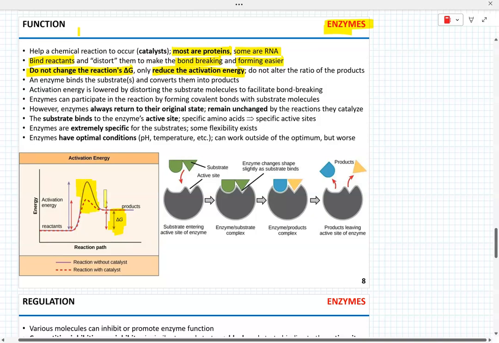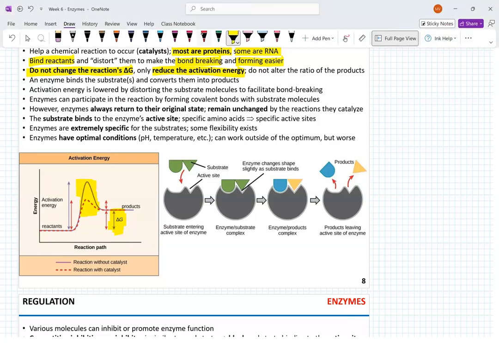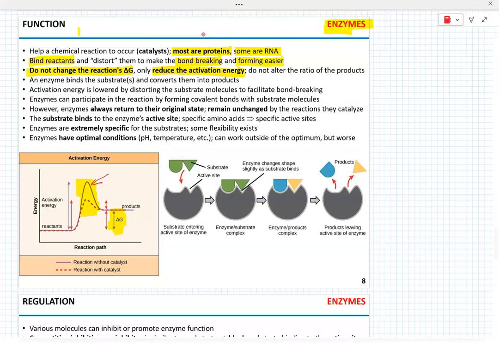You can see this on this graph. The purple line, the higher line, is the reaction without the enzyme, and the dashed line represents the reaction with the enzyme.